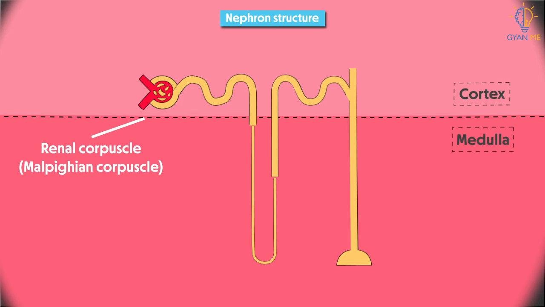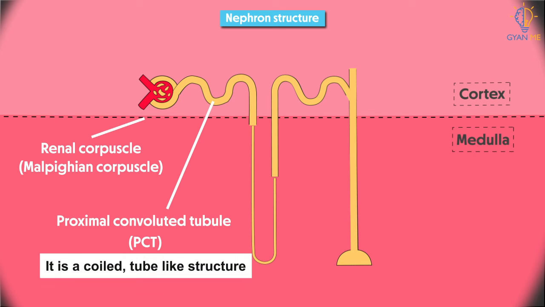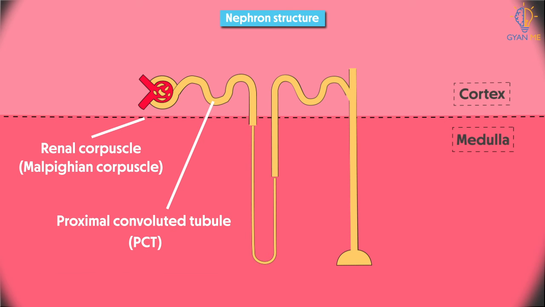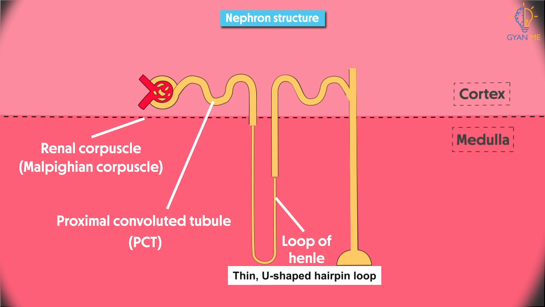The part which is nearest, or in the proximity of, Bowman's capsule is called the proximal convoluted tubule, or in short PCT. It is a coiled, tube-like structure. The PCT further continues as a thin U-shaped hairpin loop.